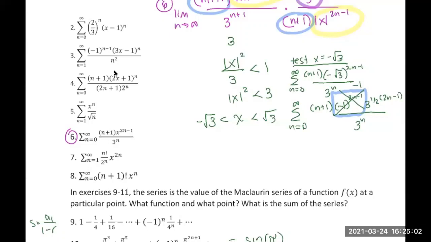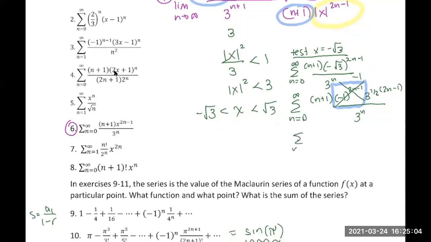Okay, so just writing out and simplifying a little bit further. This was a complicated one. Yet n plus 1, we can drop that out of consideration of the negative 1 to the 2n minus 1 power. 3 to the 1/2, if I distribute the 1/2, I get 3 to the n, and then times 3 to the negative 1/2, all over 3 to the n.